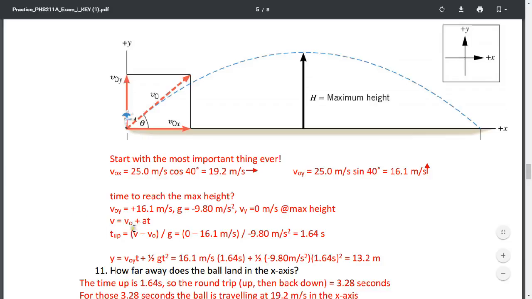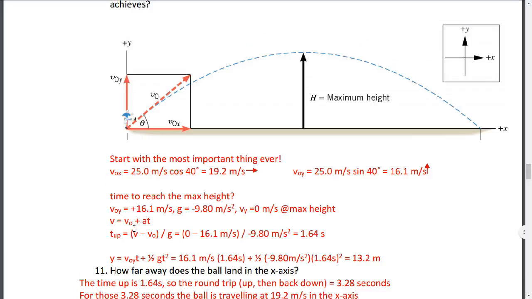Therefore, just like the pitcher throwing the glove up in the air, v equals v naught plus at. So t equals (v minus v naught) divided by g. So 0 minus 16.1 meters per second divided by negative 9.8 gives me 1.64 seconds. It will take this glove 1.64 seconds to reach its maximum height.